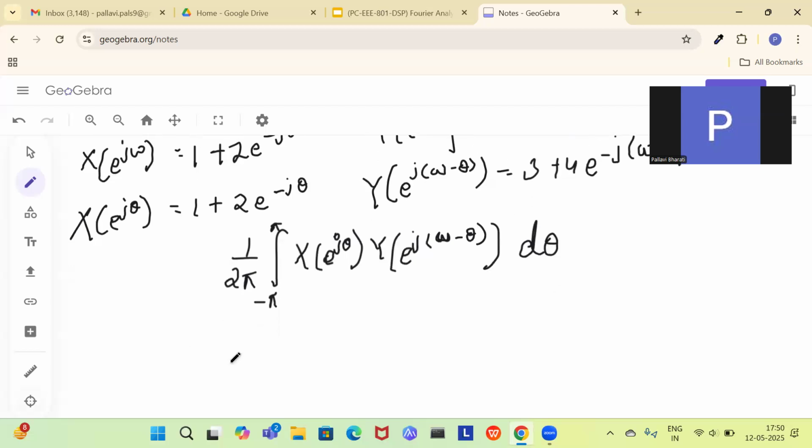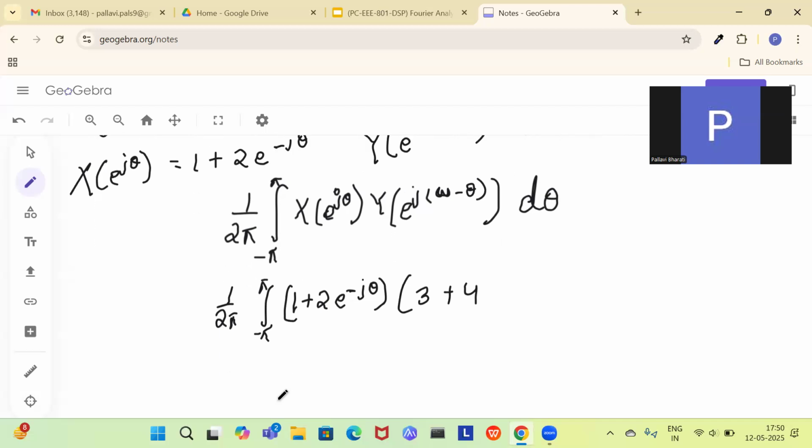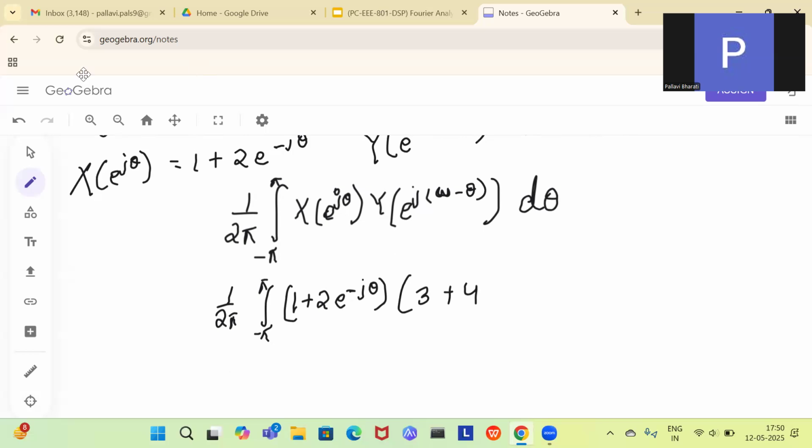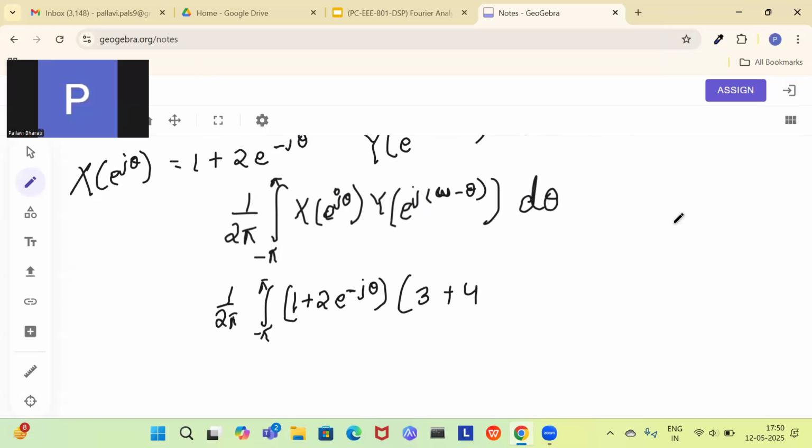Keep this in mind. Now write down the values. Minus pi to pi, 1 by 2 pi is there. 1 plus 2 e to the power of minus j theta multiplied with 3 plus 4 e to the power of minus j (omega minus theta) d theta. Fine.